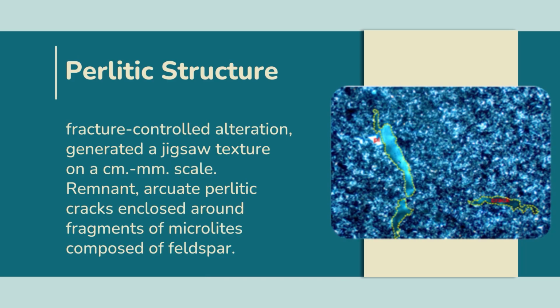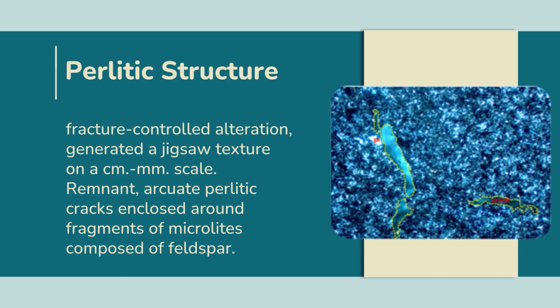Another important structure which can be frequently seen on the earth in volcanic rocks is the perlitic structure. Perlitic structure is a fracture-controlled alteration generating a jigsaw texture on a centimeter-millimeter scale. Remnant arcuate perlitic cracks enclose fragments of microlites composed of feldspar.